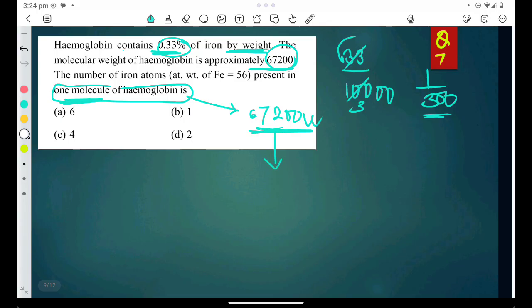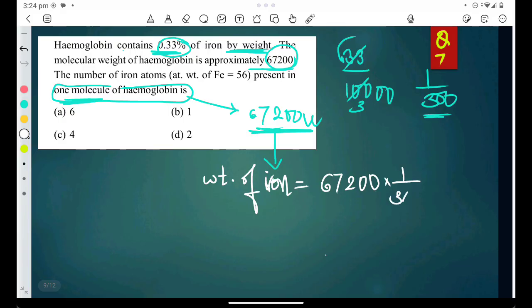So what is the weight of iron? Weight of iron is going to be 67200 times 1 by 300. This much is going to be the weight of iron. Cancelling out, I'll get the answer as 224.